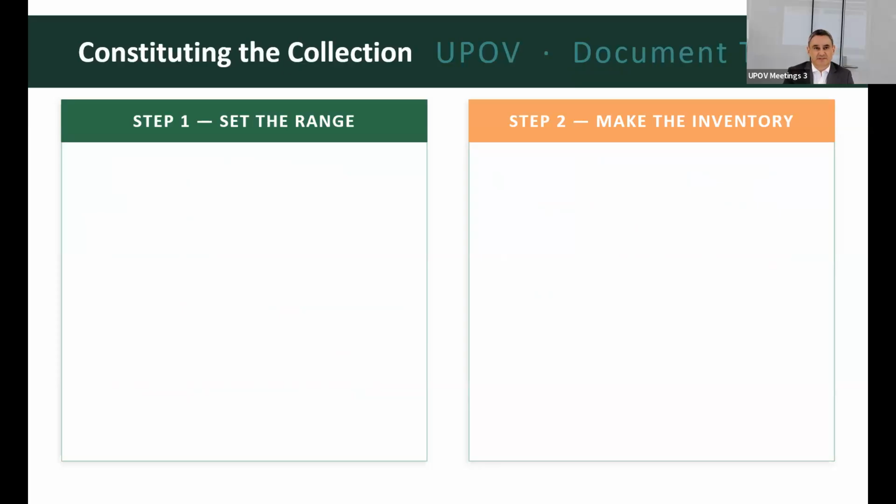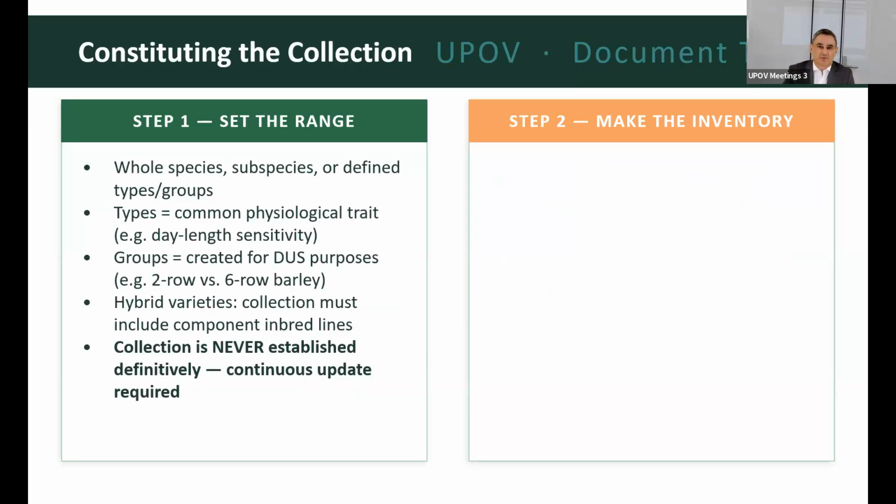The first step in setting the range means that authorities may choose either to have collections of varieties with the whole species or to have a restricted range within the species, such as to have collections belonging to a particular type. As you have examples on screen where you could have 2 or 6 row barley or whichever range that would be suitable for growing in a particular condition, for example.